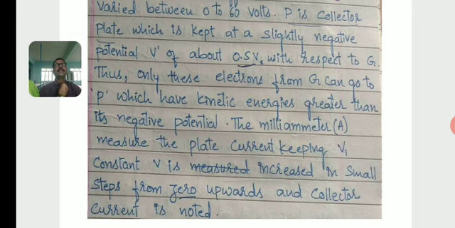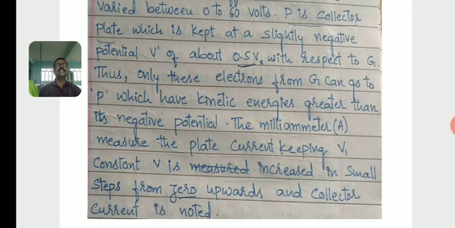P is the collector plate, which is kept at a slightly negative potential V dash of about 0.5 V with respect to G. Thus, only those electrons from G which have kinetic energy greater than this negative potential can go to P. The milliammeter measures the plate current, keeping V dash constant.